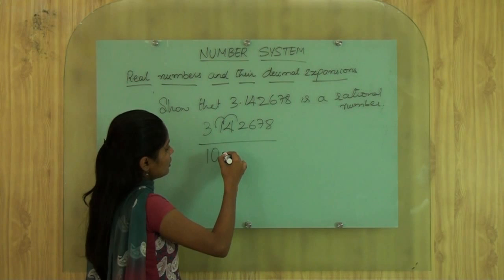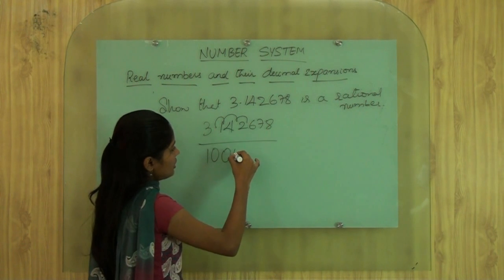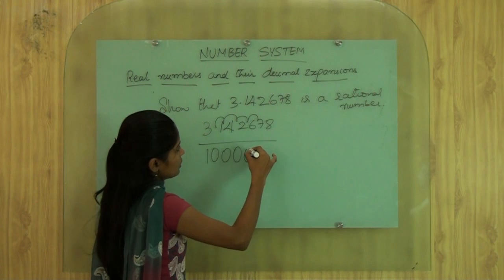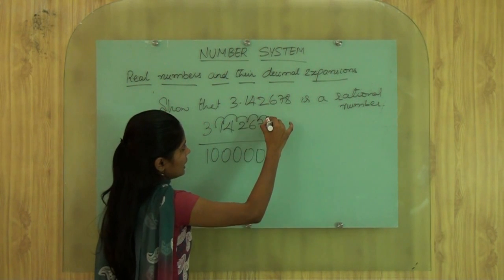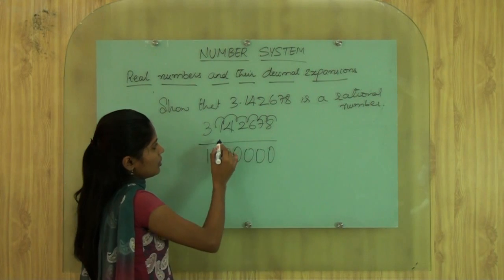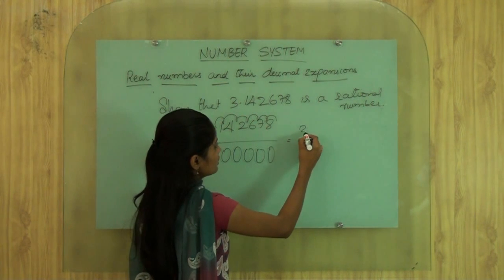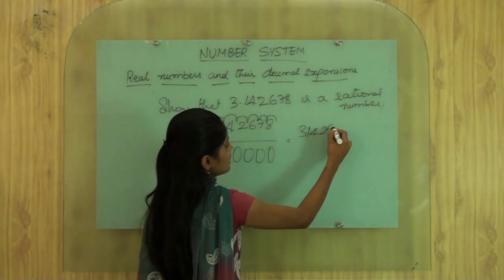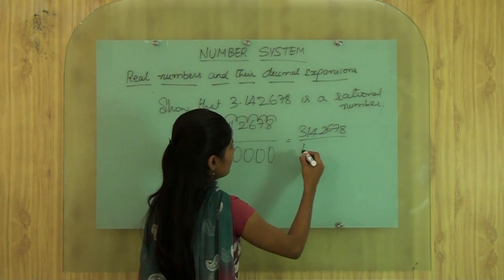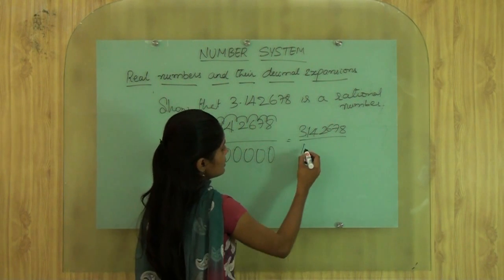Then you shift one more, 0, 0, 0, and it finally becomes a non-decimal number. So the value is 3142678 by 1 followed by 6 zeros.